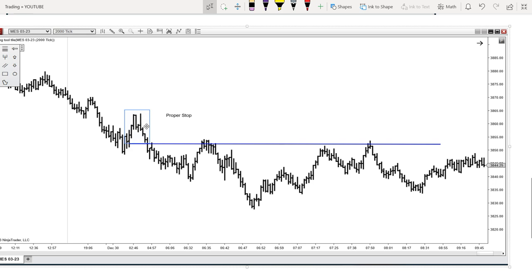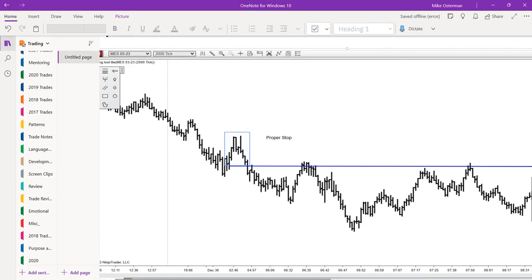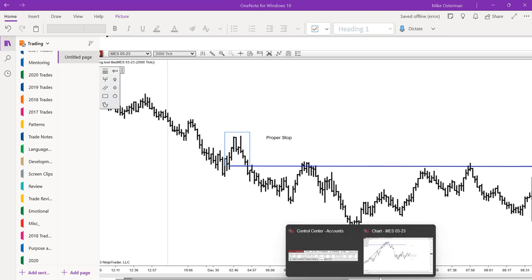This pullback has created a situation where once this breaks, sellers are going to have to change their position. So oftentimes I use this line as my line of guidance because you can see sellers hit it here, took it down. Sellers hit it here, took it down. So that's what a proper stop is. A point of no return.